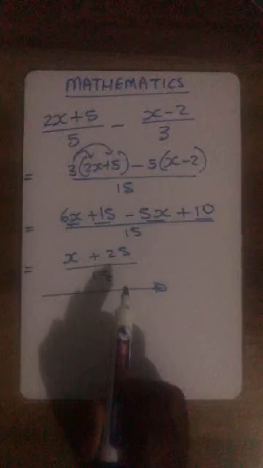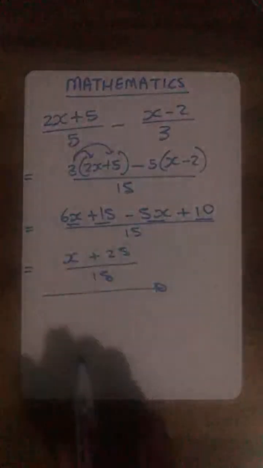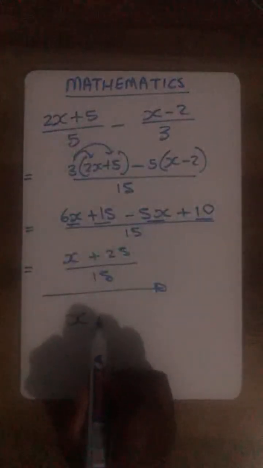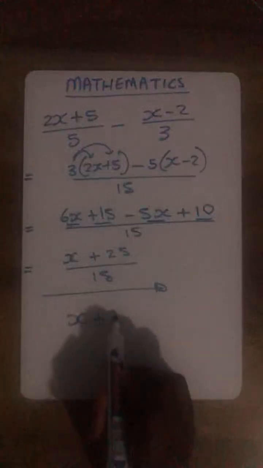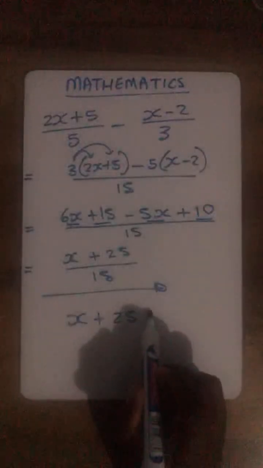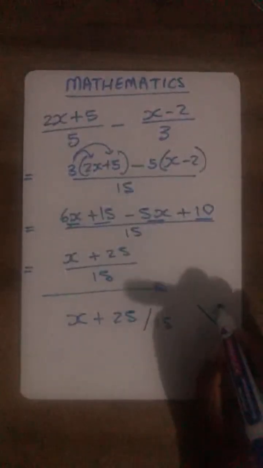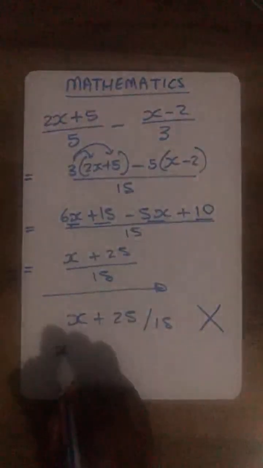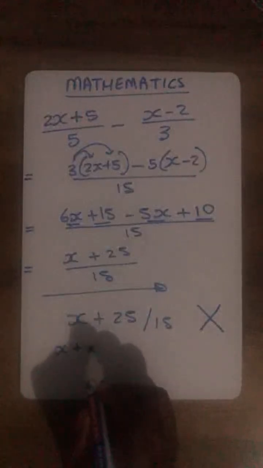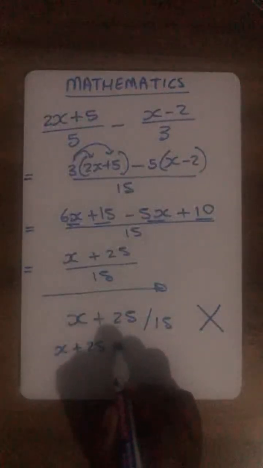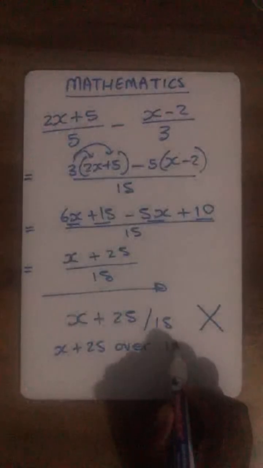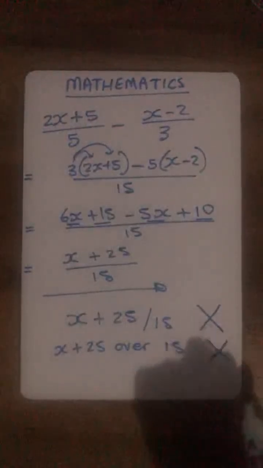If you are going to type this as an answer, all of you who said the final answer is x plus 25, and then you did that over 15, this is wrong.